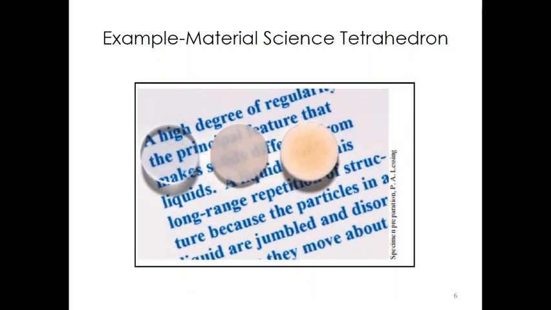The disc on the left is transparent, that is, virtually all light that is reflected from the page passes through it. The one in the center is translucent, meaning that some of this reflected light is transmitted through the disc. And the disc on the right is opaque, that is, none of the light passes through it.